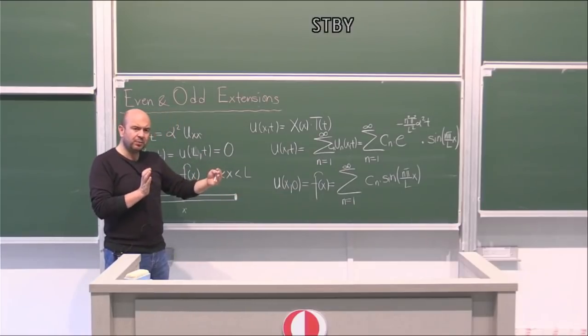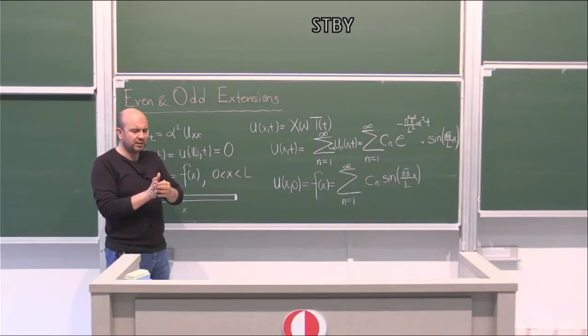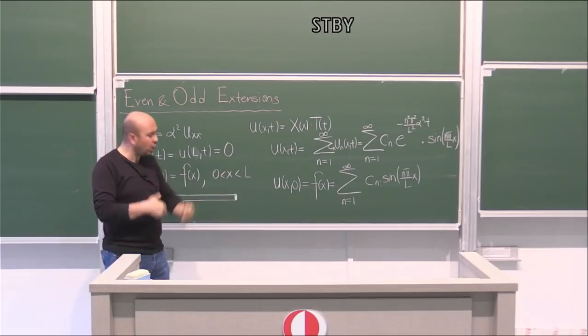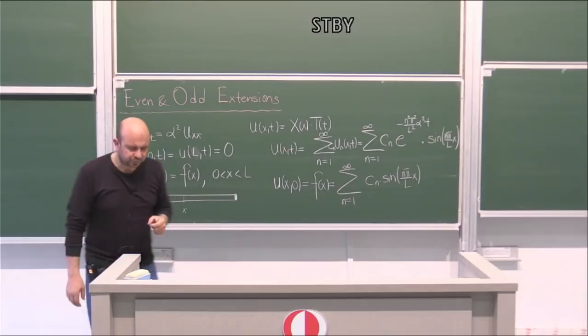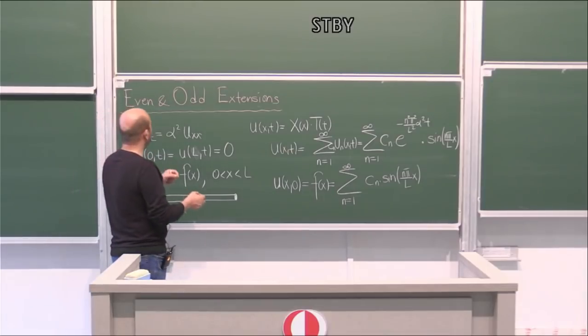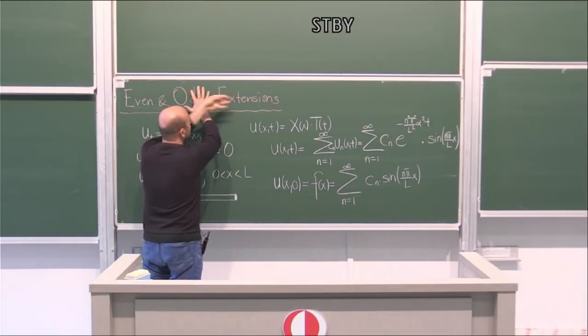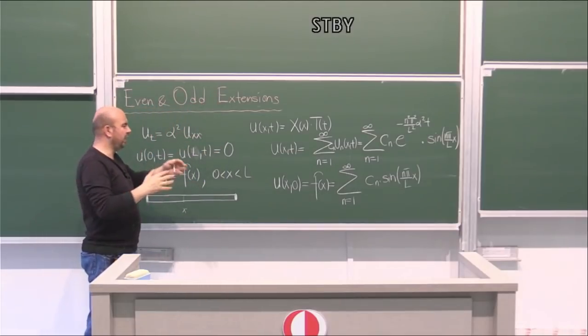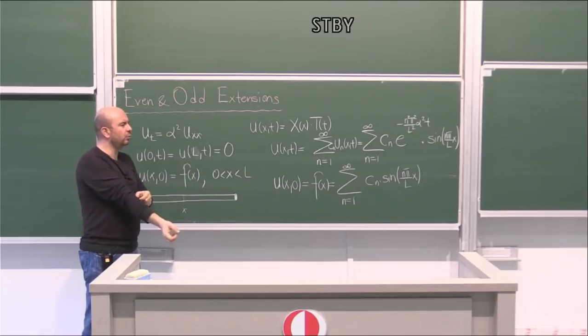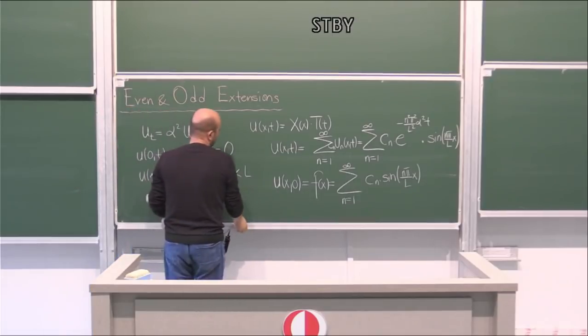But that's not enough, because now your function is defined between minus L and L, but then you have to make it periodic so you can compute its Fourier series. So first we will make extensions, and then we will make them periodic, so we will be able to compute the coefficients.